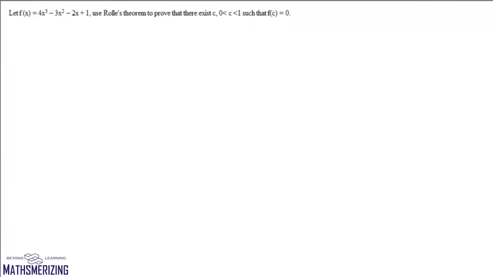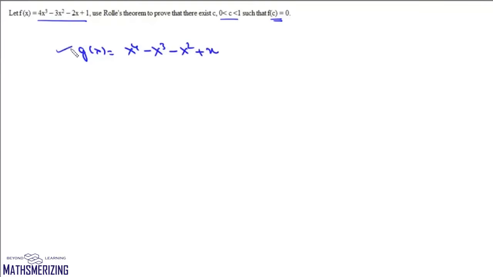Now here the question is, let f(x) equals 4x cubed minus 3x squared plus 2x plus 1, and use Rolle's theorem to prove that there exists a c in (0, 1) such that f(c) is 0. Now what we'll do is, we'll assume a function g(x) which is x to the power 4 minus x cubed minus x squared plus x.